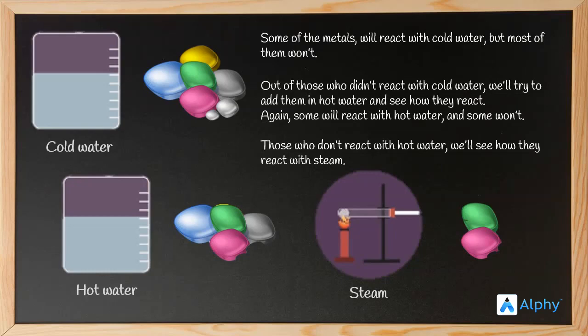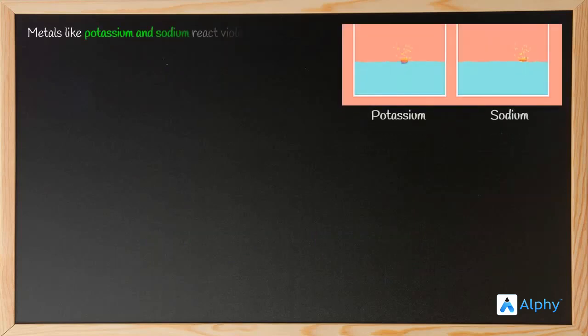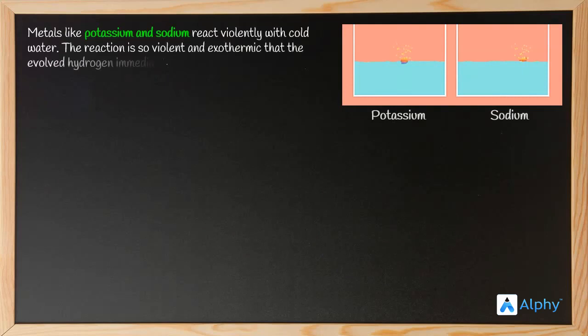Okay, so metals like potassium and sodium react violently with cold water. This reaction is so violent and exothermic that the evolved hydrogen immediately catches fire. Sodium and potassium both react very vigorously with cold water.